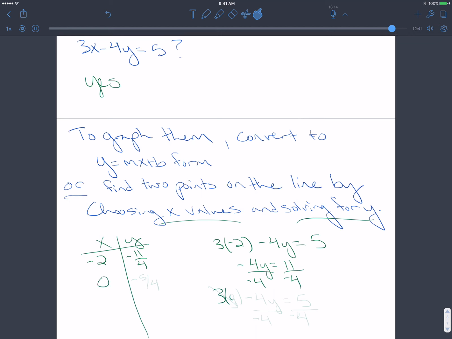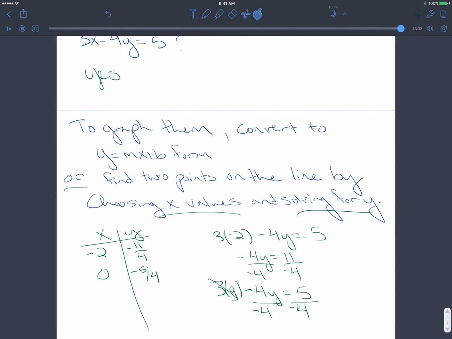Then I have 3 times 0 minus 4y is equal to 5. So this is just 0, but if I divide by -4, then I'm going to have -5/4 for my other point. And then you can go to your axes and sketch the 2 points, and then just use a ruler to draw the line. That's all you need in terms of plotting it.